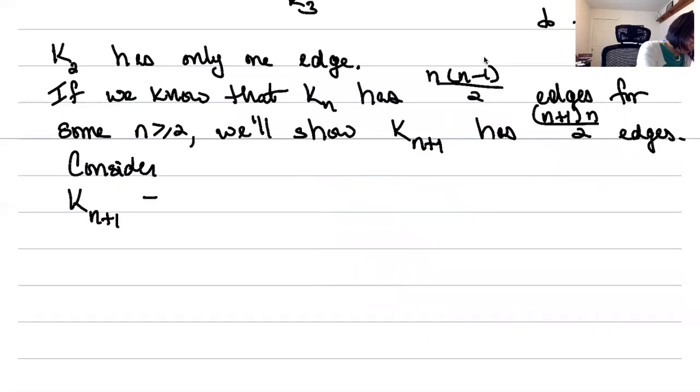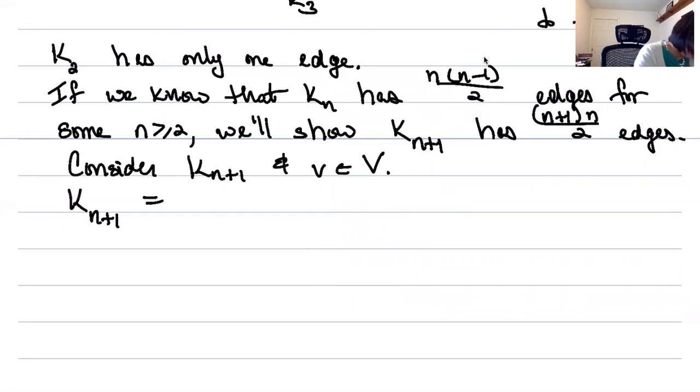It's some big graph. And let V be one of its vertices.